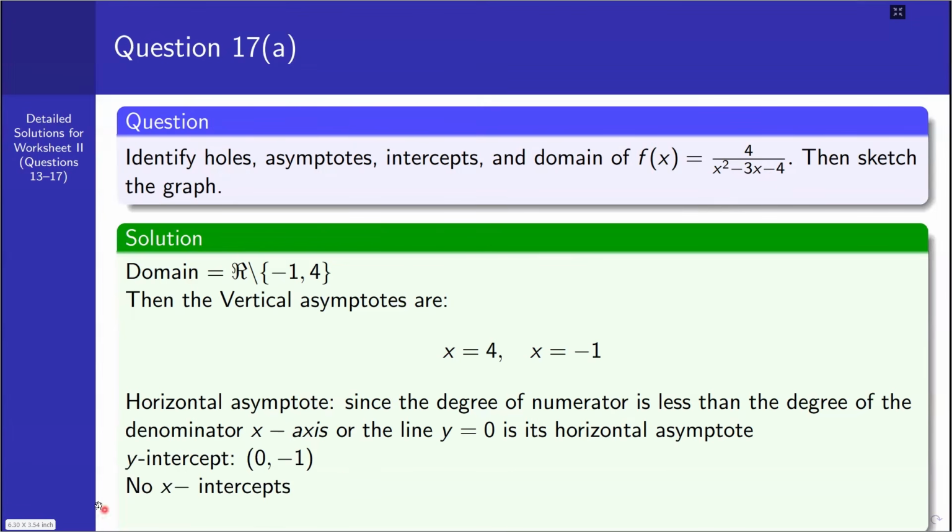Okay, yeah, it doesn't have any x-intercept. That's simply when y is equal to 0, 4 over x squared minus 3x minus 4 doesn't have any 0, so that this rational function, or the graph of this rational function, doesn't intersect the x-axis.